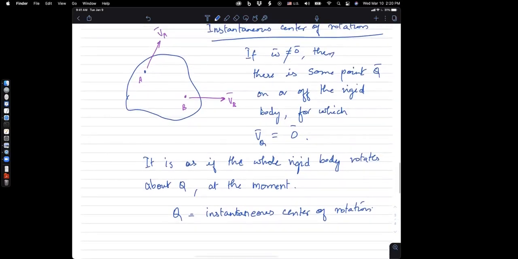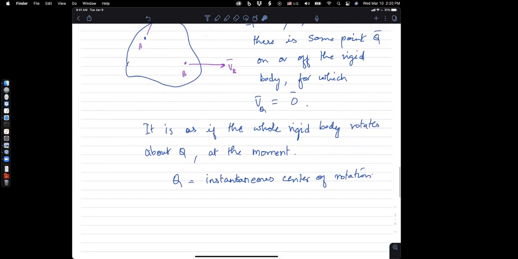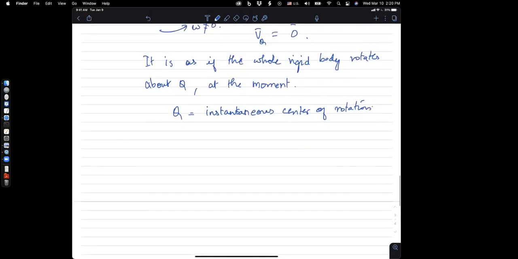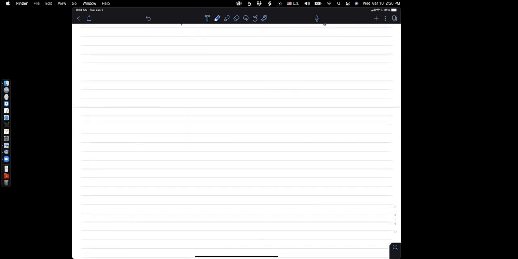Okay, so how is this Q determined? Let me redraw this picture, with omega not equal to 0. How to find the instantaneous center of rotation. Let me go to the next page.